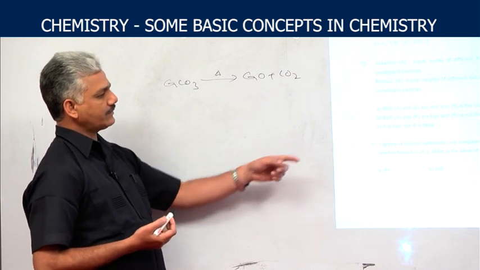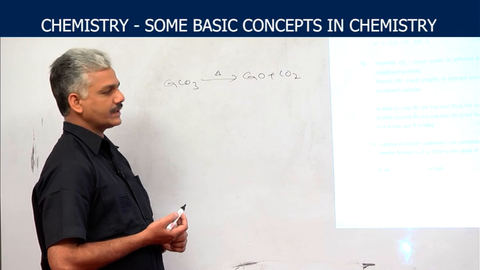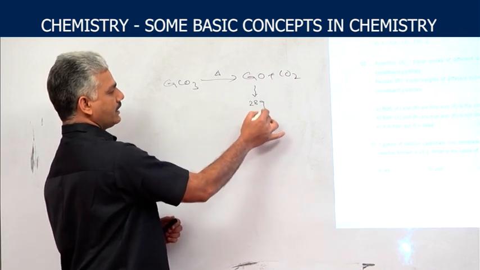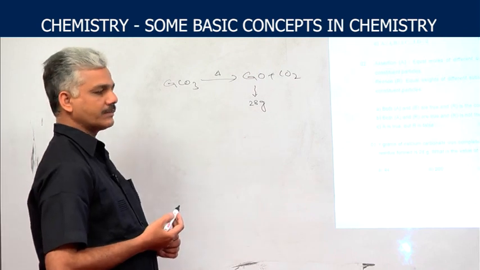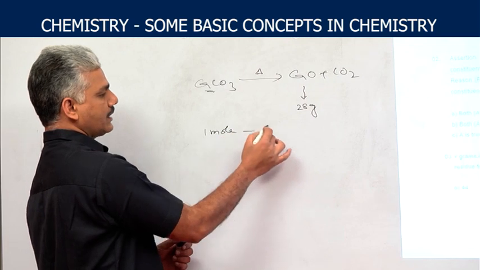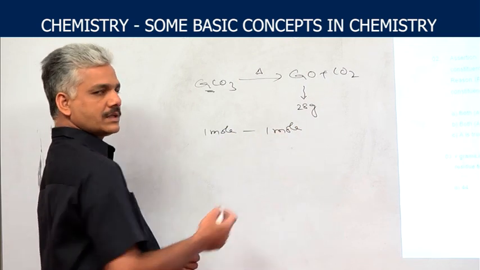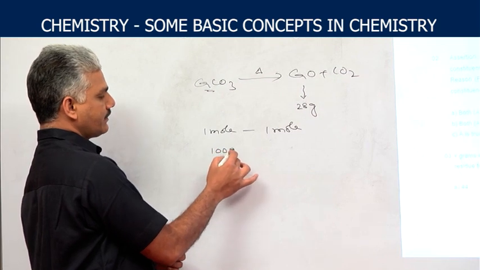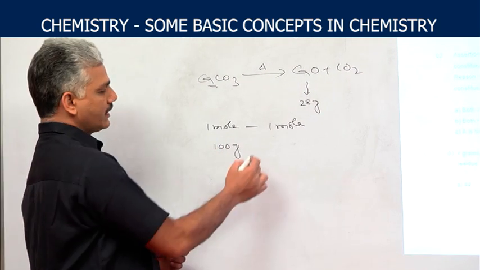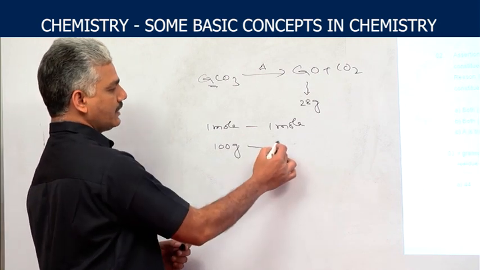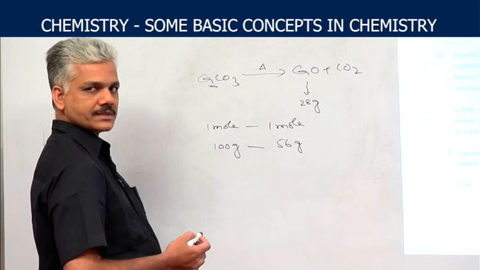So, the weight of residue is 28 grams, which means you should take it as equal to the weight of calcium oxide formed in the reaction. 1 mole of calcium carbonate can produce 1 mole of calcium oxide. 1 mole of calcium carbonate means in terms of weight 100 grams. 1 mole of calcium oxide in terms of weight will be equal to 56 grams.